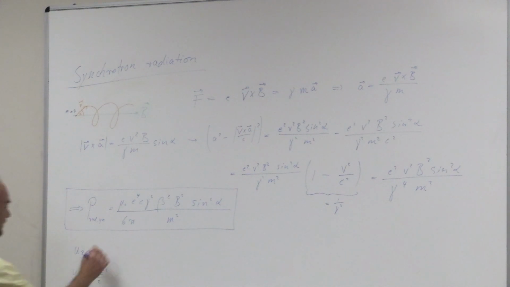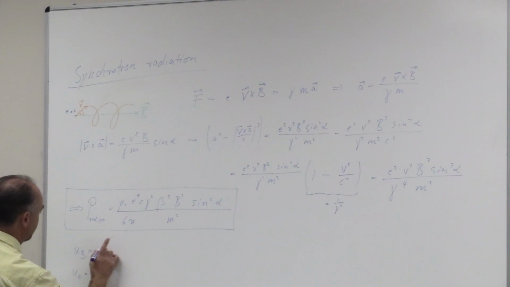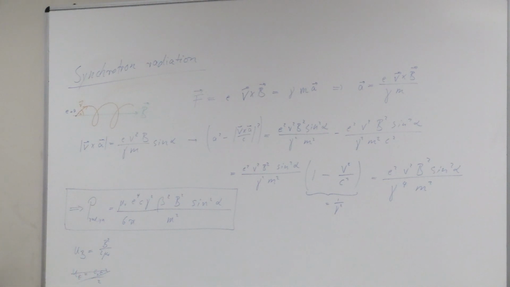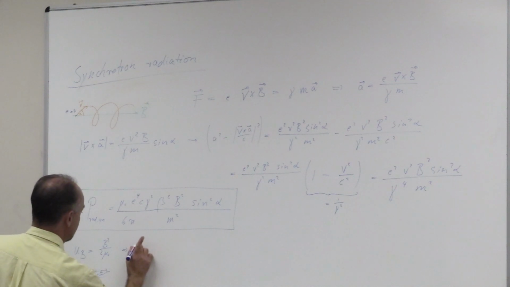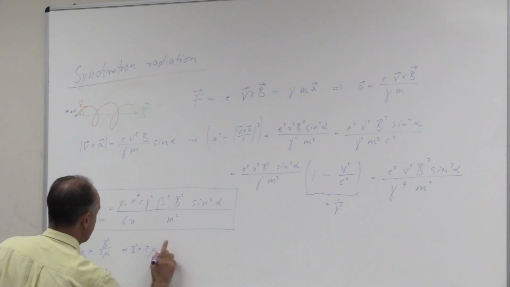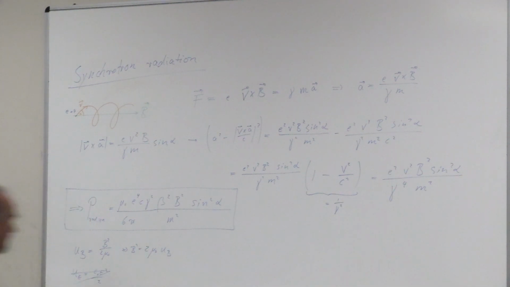The magnetic field was B squared over 2 mu naught, right? That's complete. So maybe we can replace our B squared as 2 mu naught times the energy density in the magnetic field. That'll be the first thing we'll do here.